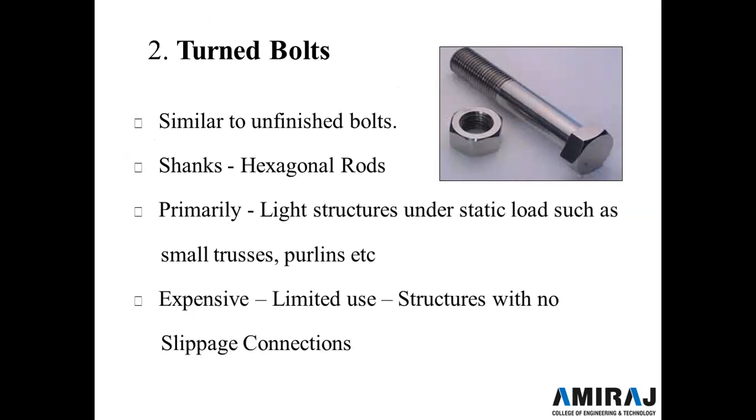Here the shank portion is made from a hexagonal rod, and it is primarily used in light structures under static load, such as small trusses, purlins, etc. And it is very expensive. That's why its use is limited to structures with no-slippage connections.